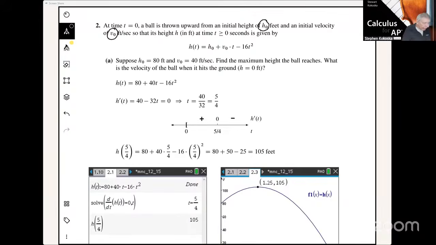We're given that the height of the ball in feet, for t greater than or equal to 0 seconds, is given by this expression. This problem involves several different scenarios in which we might have to find h0, or be given h0 and v0, find the velocity when it hits the ground, how high the ball goes, all sorts of very cool questions about this one.